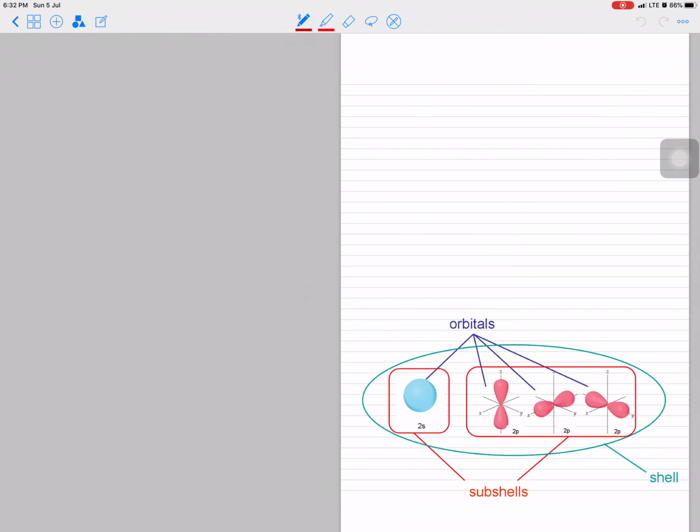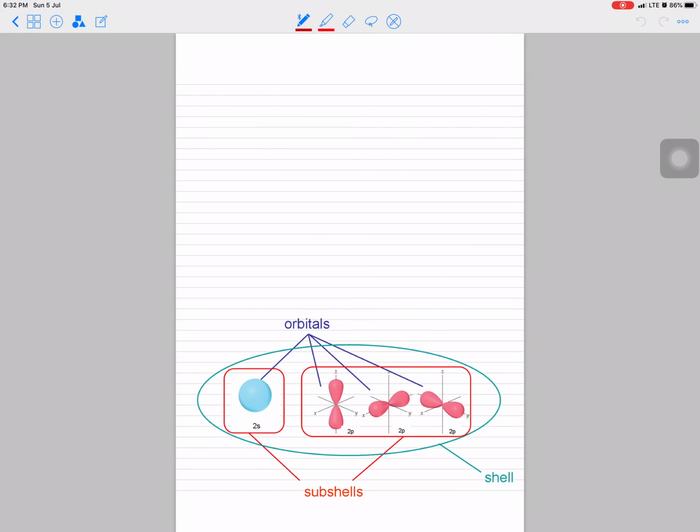So let's start with shells, subshells and orbitals. Starting off with shells. What is a shell? The most commonly seen shells are K, L, M, N, O, P, and so on. We normally use these four. What we experience in our daily life is mostly made out of these. So let's take an atom.